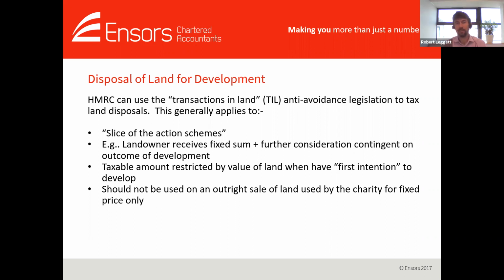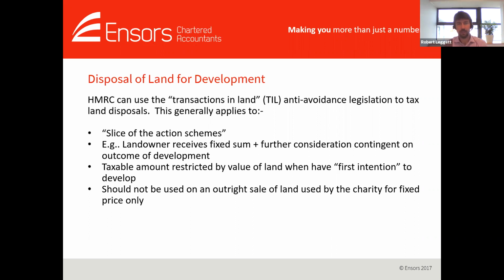And where we see this most often is where you enter into some sort of slice of the action scheme, perhaps with a developer, if you're selling land for development. We've seen this several times with charities. The point here is that the development to bring you within the rules doesn't have to be done by you.